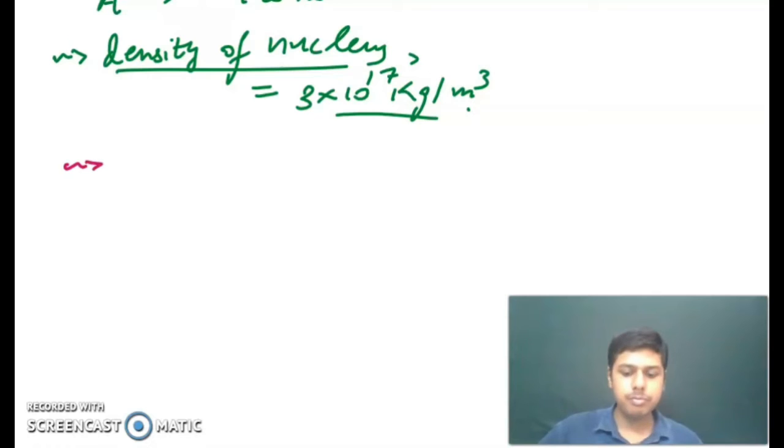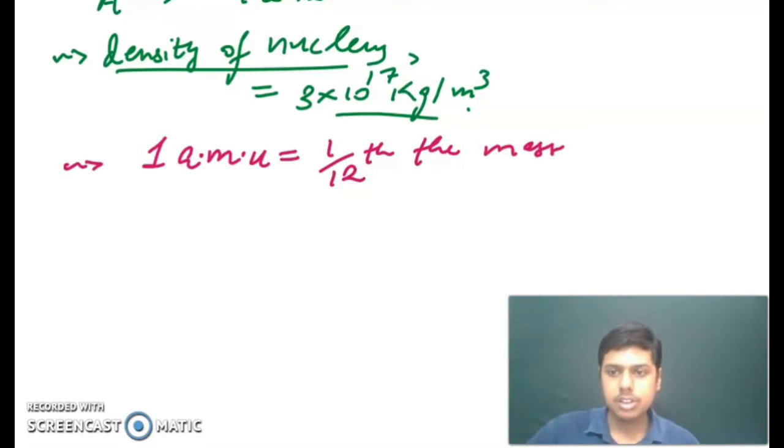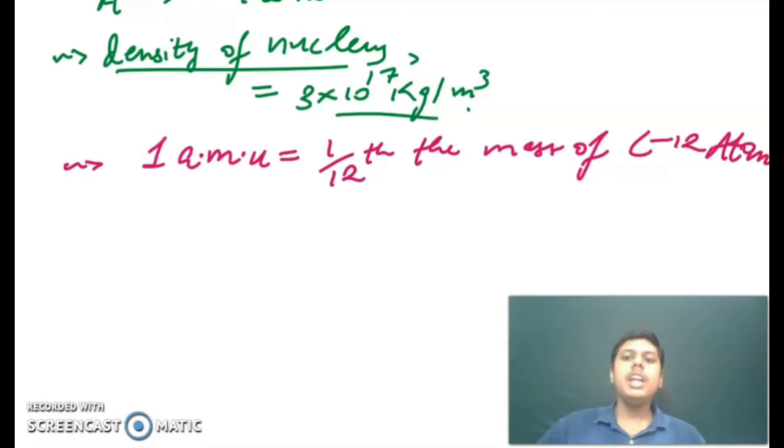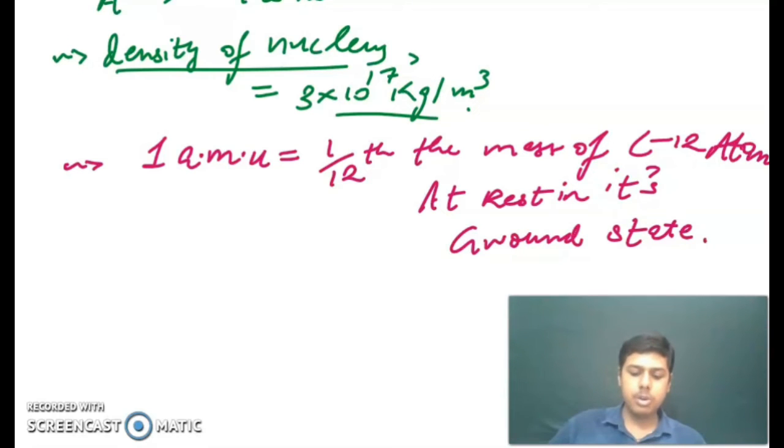Now we have the definition of the atomic mass unit. One atomic mass unit is 1/12 the mass of C12, carbon 12 atom, at rest in its ground state.